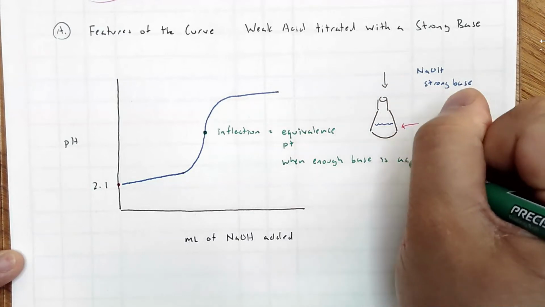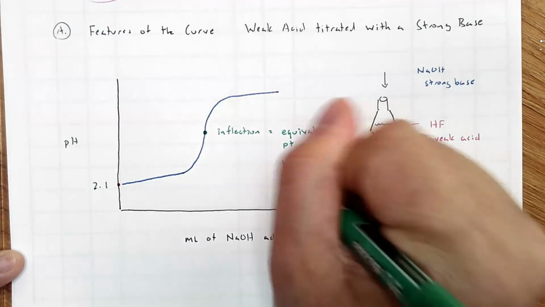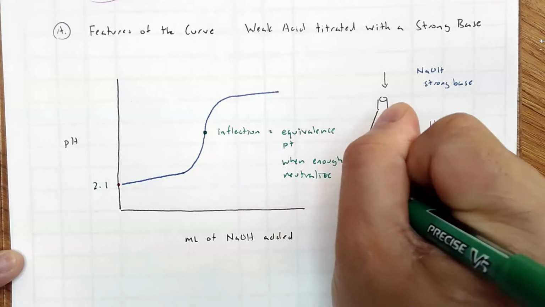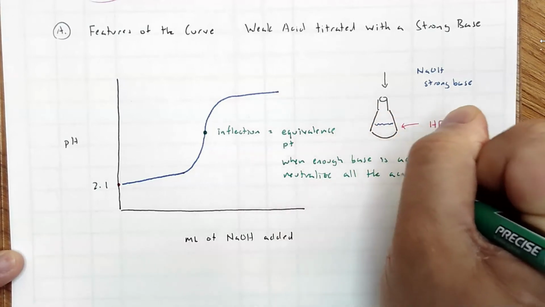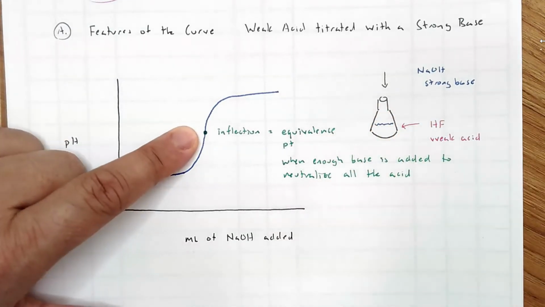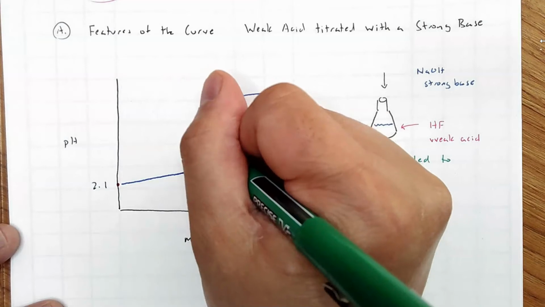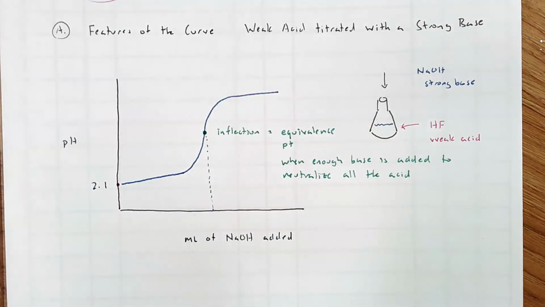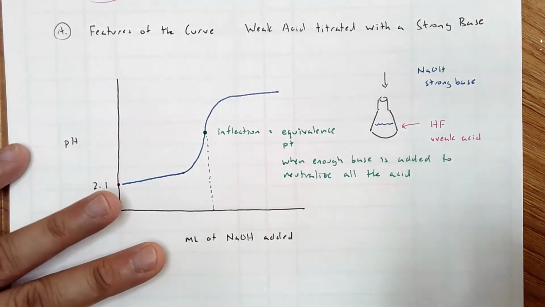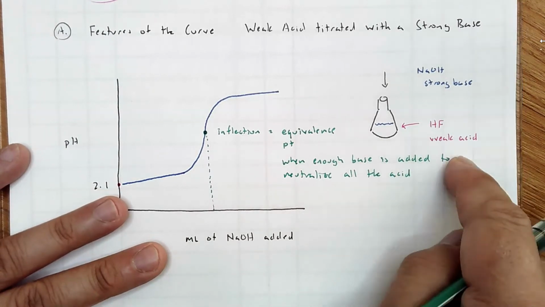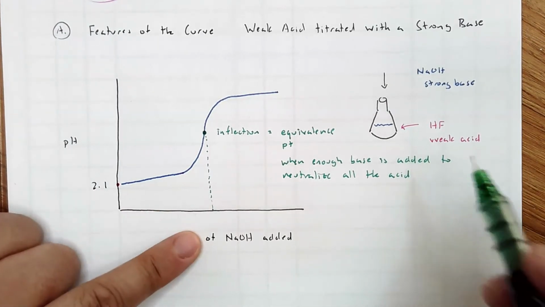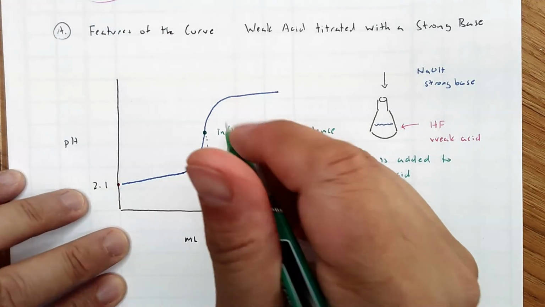Base is added to neutralize all the acid. This volume is going to be the same calculations that we did with the strong acid, strong base. No change. It doesn't matter that we're titrating into a weak acid. But that's actually, well, I shouldn't say that.